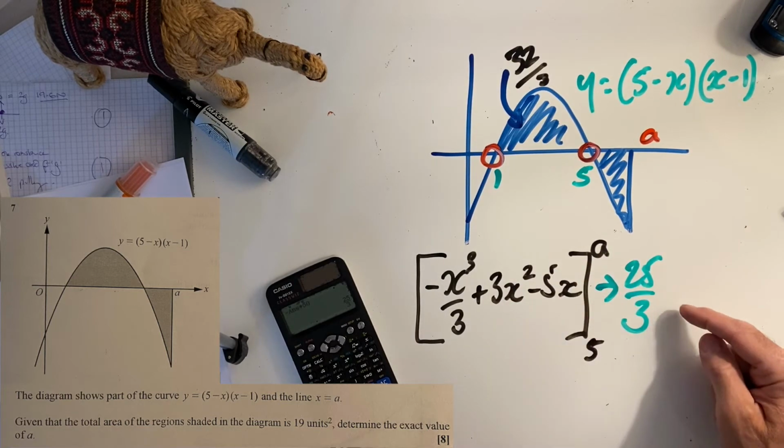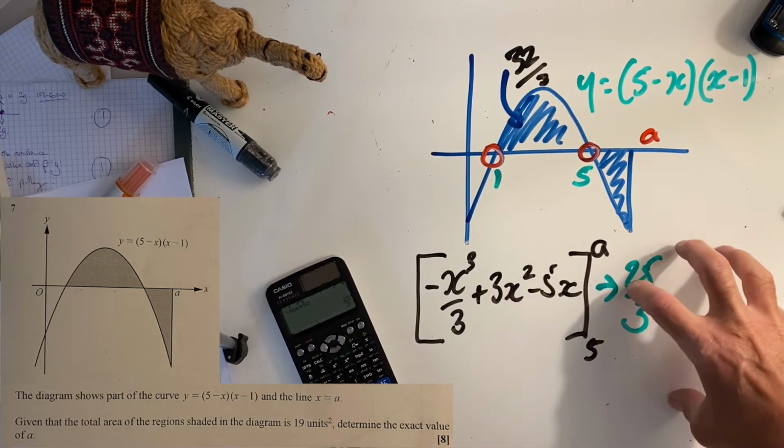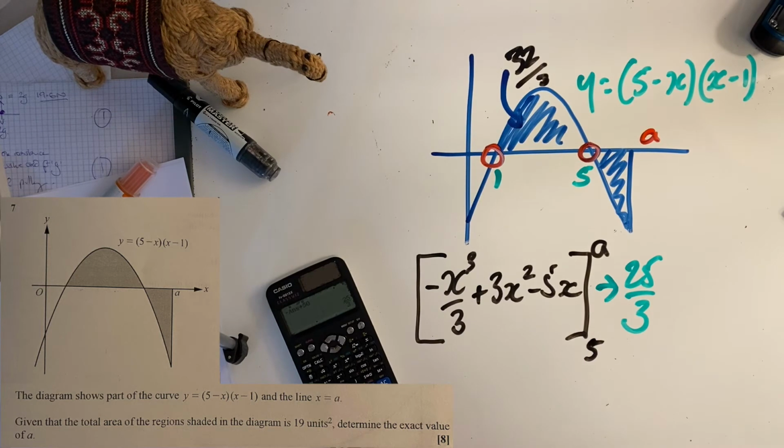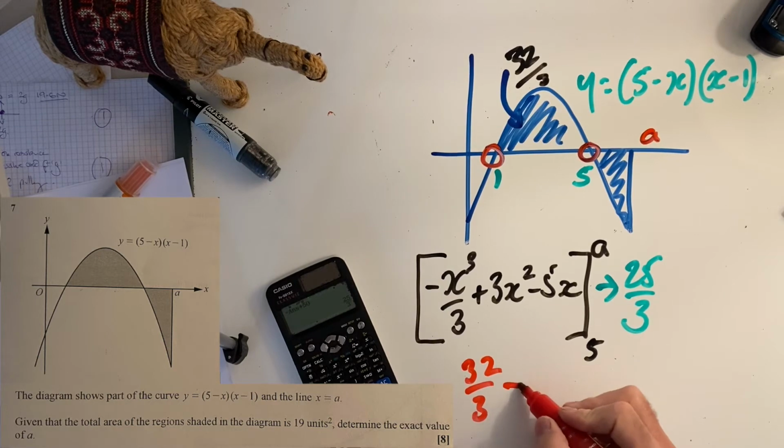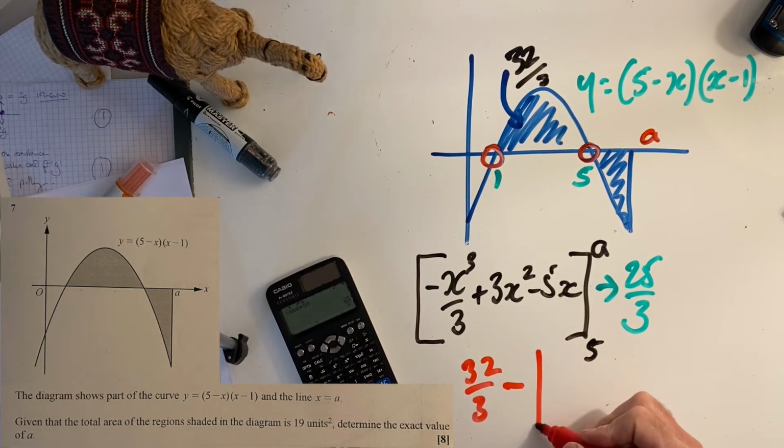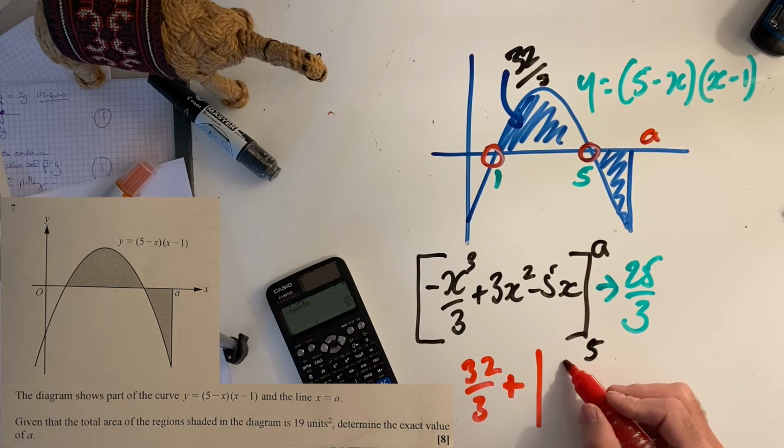And then I had to say it is the area of that plus the area of that equals 19. So let's tidy things up. I've got space down here just to do that. So I get 32 over 3 minus, I'll say plus, the modulus of whatever happens here.